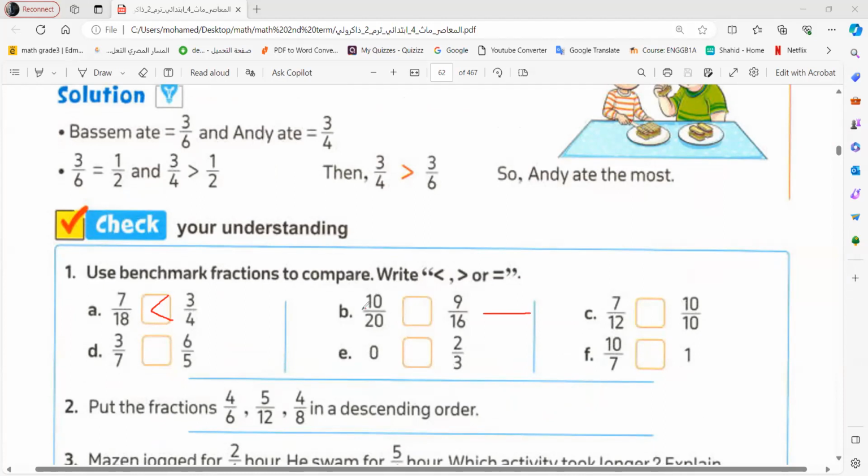Bravo, 10/20 is the half. And what about the 9/16? It's after the half. Wow, you found it so easy. Okay, 10/10 and 7/12. Bravo, 10/10 means the 1, and 7/12 is after the half. Good job. Super, super.